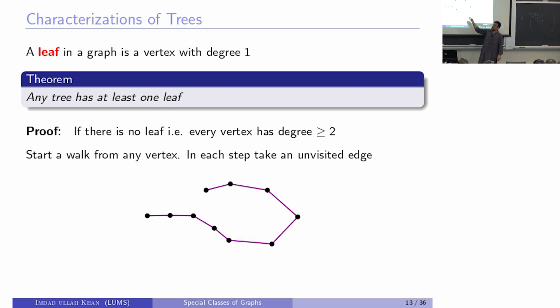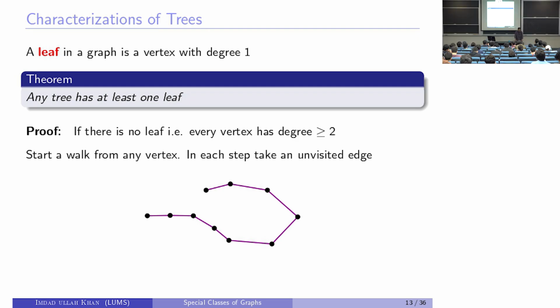But what if there is an unused edge that goes to the previous vertex? So the only reason I could get stuck, if everybody has degree at least 2, is if I reach an already visited vertex.